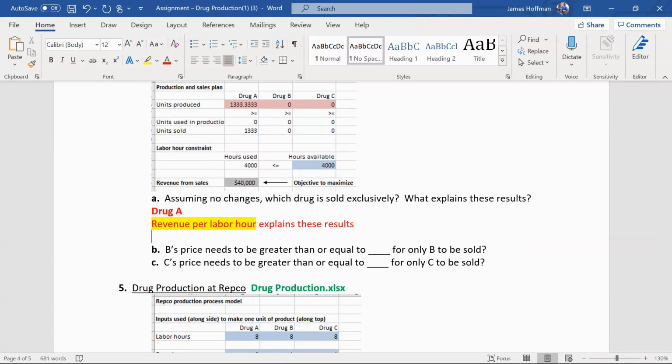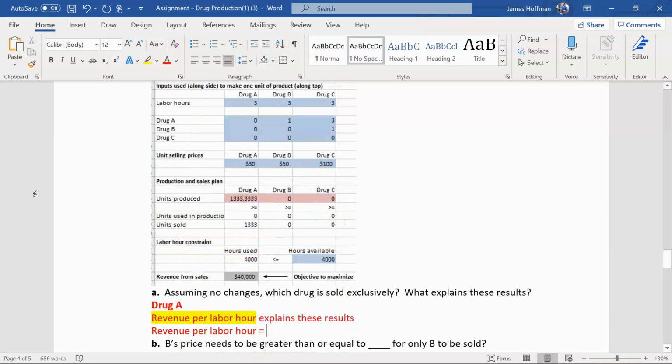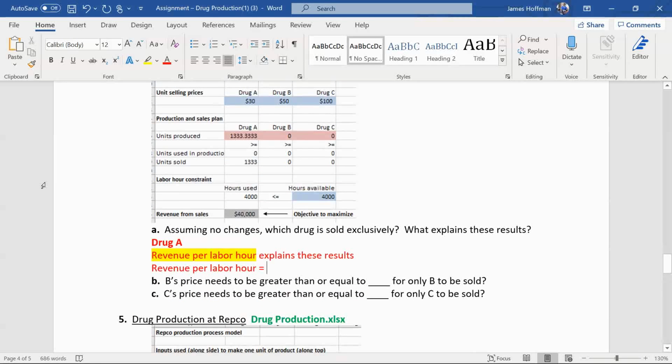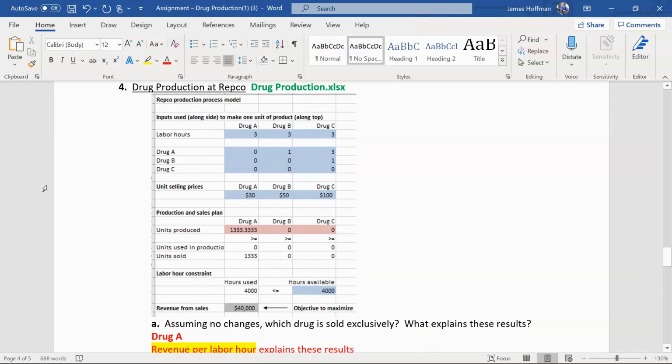So drug A is the one being sold. We know that revenue per labor hour always explains the results. Let's figure out the revenue per labor hour for drug A. Drug A is being sold for $30. And how many hours does it take to make one drug A?